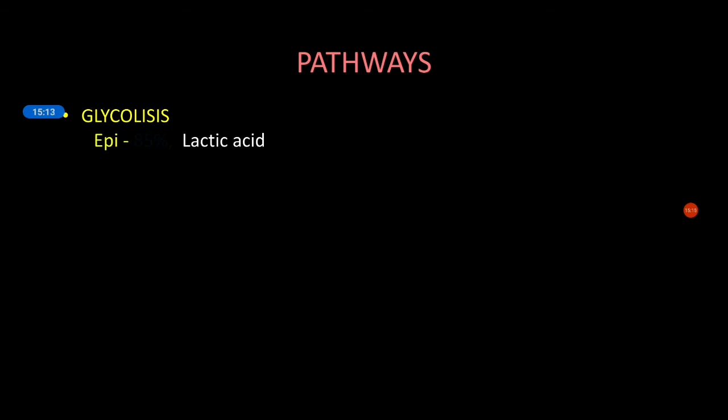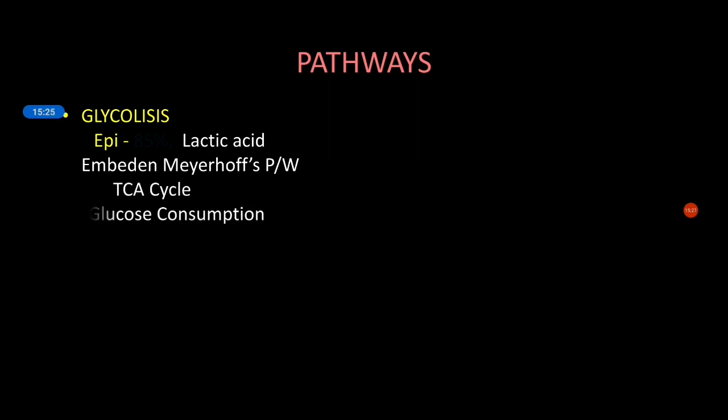Now glycolysis is the pathway by which the energy is restored, and the byproduct is lactic acid. There is the Embden-Meyerhof pathway, you should know. There is the TCA cycle with regard to the glycolytic pathway. Glucose consumption is around 100 milligrams per hour per centimeter square.